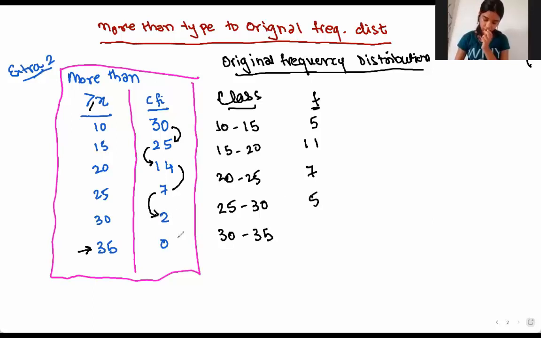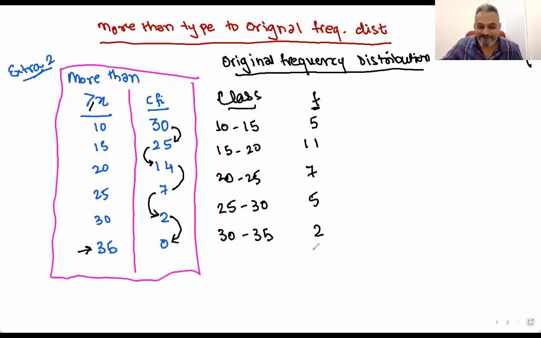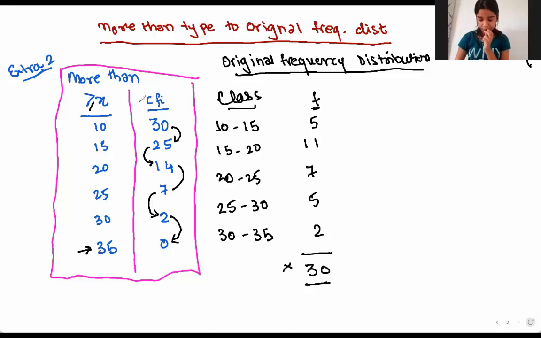And 2 minus 0 is 2. Very good. So total, always check 30. 5, 16 and 7, 23 and 7 is 30. This 30 should match with this.